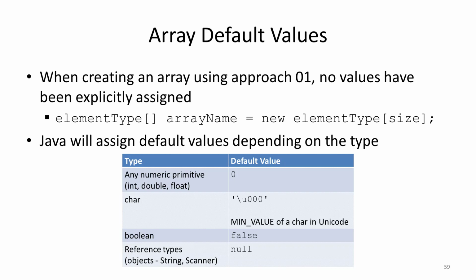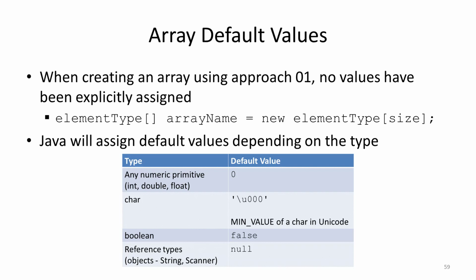Now, something to note are array default values. When creating an array using approach 1, no values have been explicitly assigned. So recall that approach number 1 is when you only know the size of the array. However, Java will assign default values depending on the type.